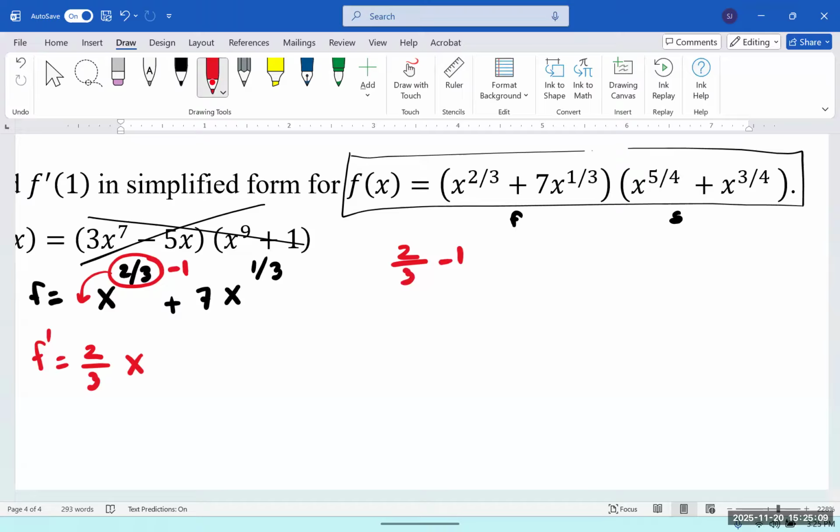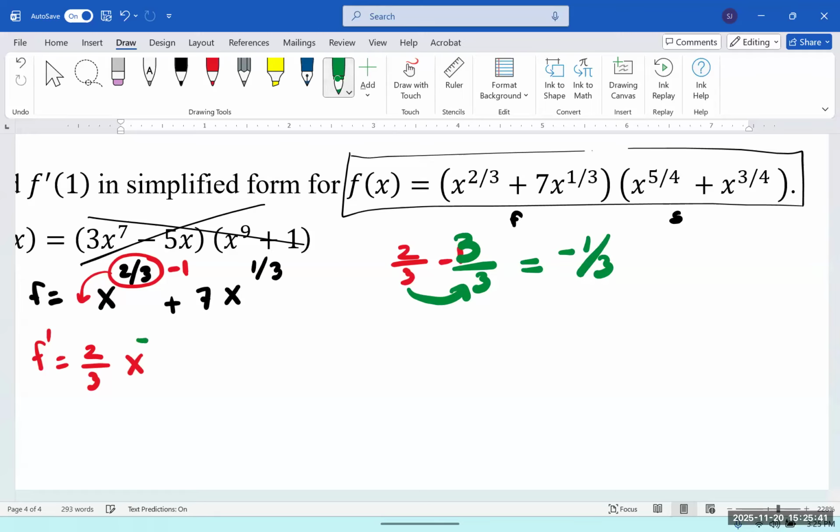When you subtract 1 from a fraction, rewrite it using the same denominator: 2 over 3 minus 3 over 3. So you get negative 1 over 3.